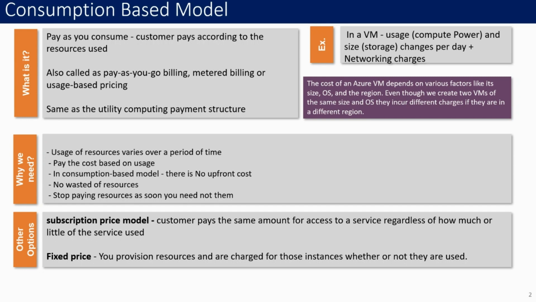For example, if you take a virtual machine, there is usage, that is compute power, plus storage charges per day, plus networking charges, by which consumption based charging is done. So a VM is charged to the customer based upon the usage plus storage plus networking charges.